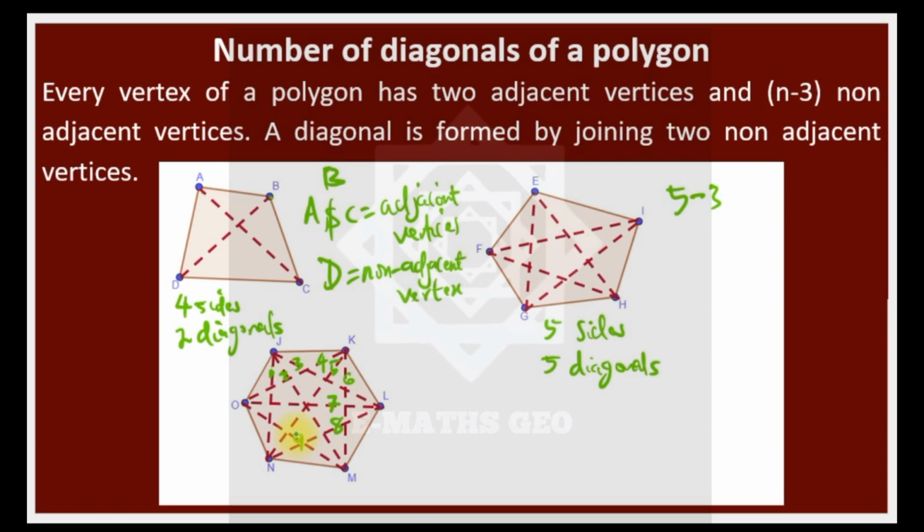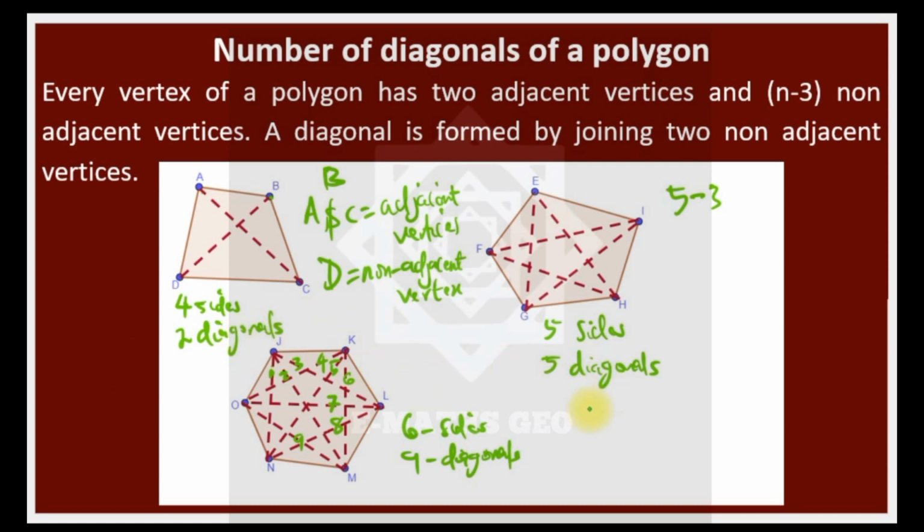No repetition. 9. So we have 6 sides and we have 9 diagonals. We can't just continue counting like this. We want to get a formula for that. So what do you notice?